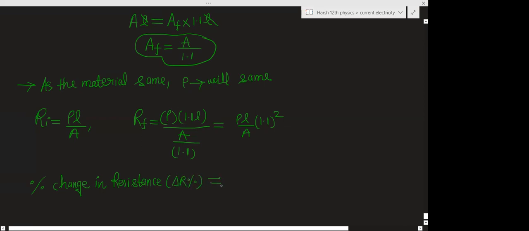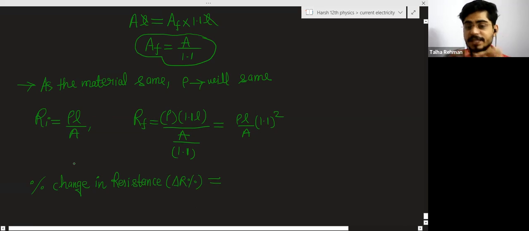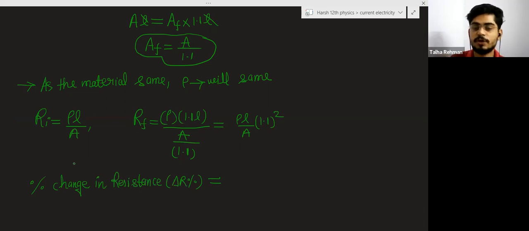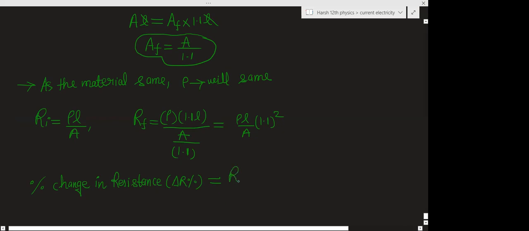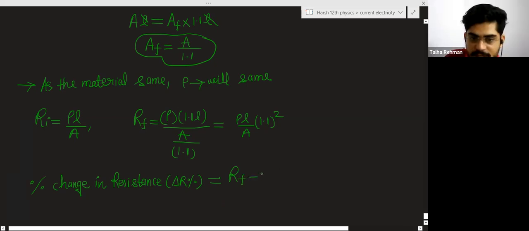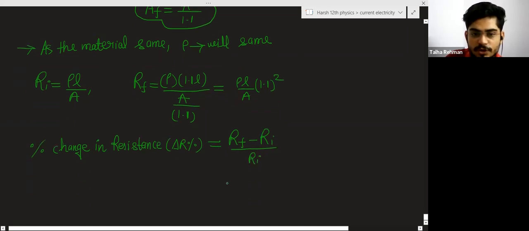Percentage change of anything, percentage change of current, charge, volume, or area, is always final value minus initial value divided by initial value. So final resistance minus initial resistance divided by initial resistance.